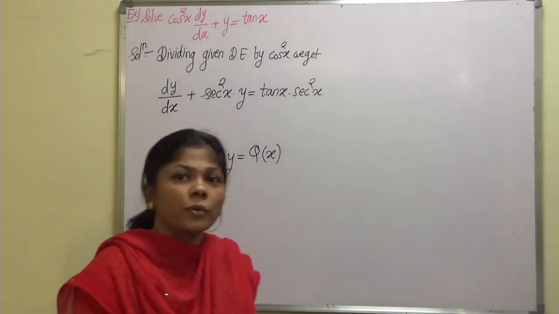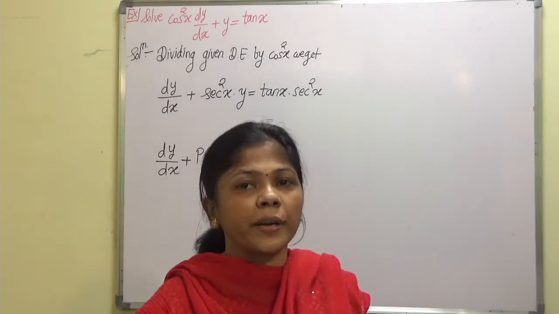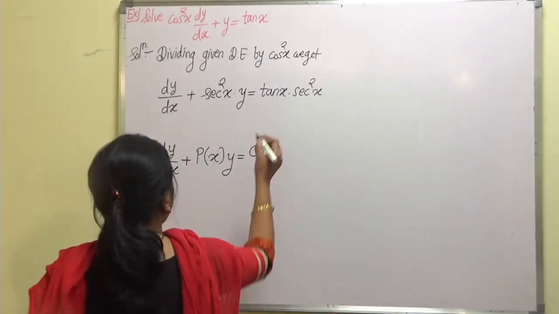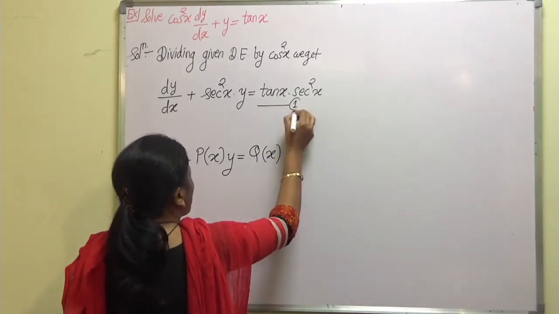So what do we do next? We will just identify what p and q are. Let me call it equation number 1.